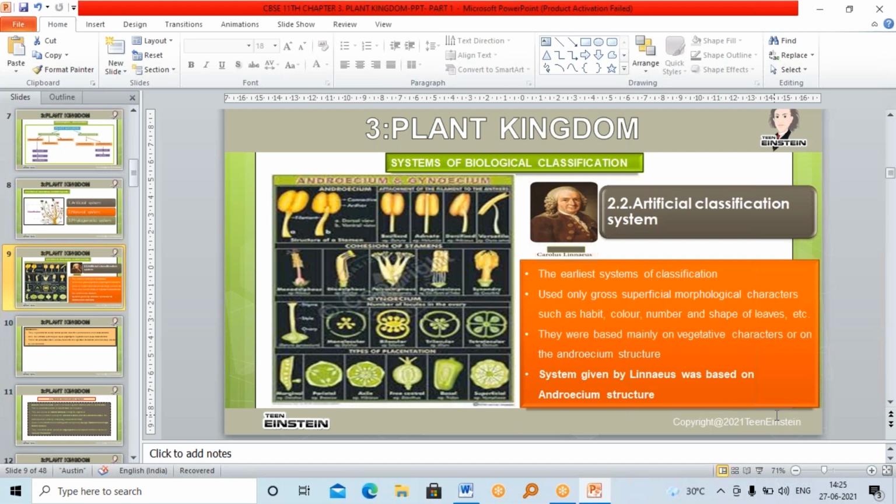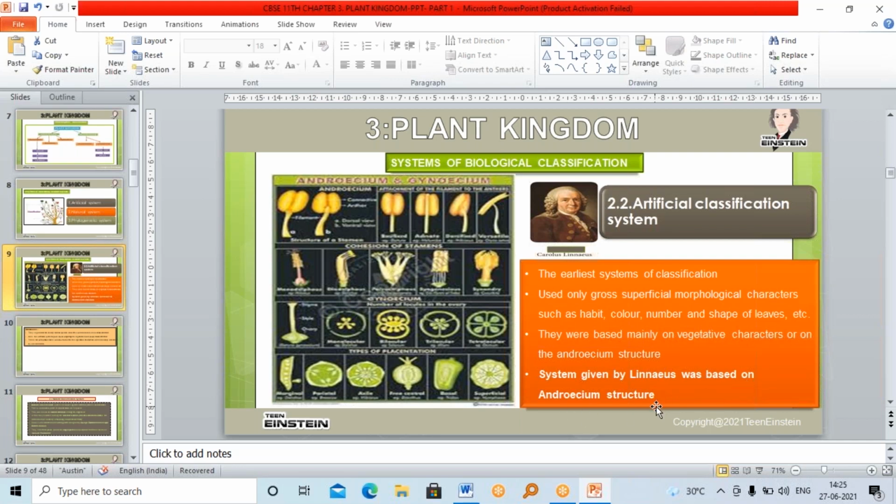The system was given by Carl Linnaeus. In biological classification, we learned this name, Carl Linnaeus, and his classification, based on androecium structure, comes under the artificial classification system. The structure of androecium was the character which he selected for his classification. So what is the artificial classification system?